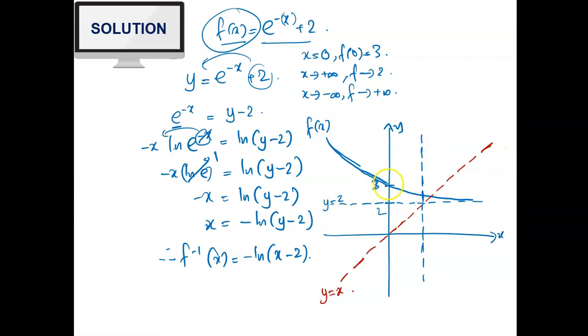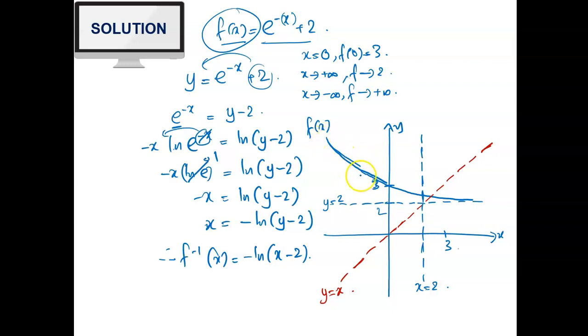Okay, and then the intercept at y equal to 3, we switch here to x equal to 3, and this is x equal to 2. Because we'd like to sketch the graph of f and its inverse on the same axis. So this is our reference now.